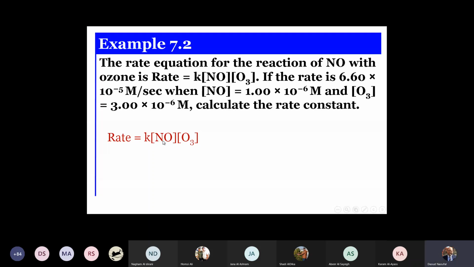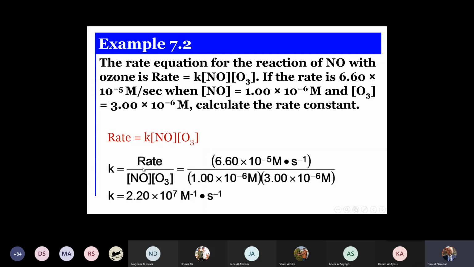R equals K [NO] times [O3] at the same time, for the same reaction, for the same experiment. So this relation can be applied at any time t. One of these times is the time given in the data.